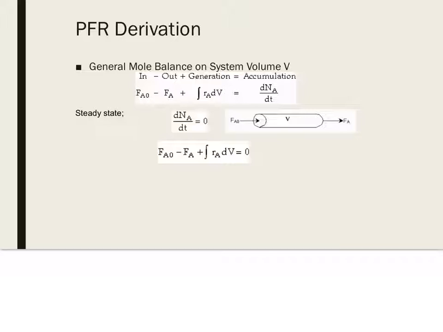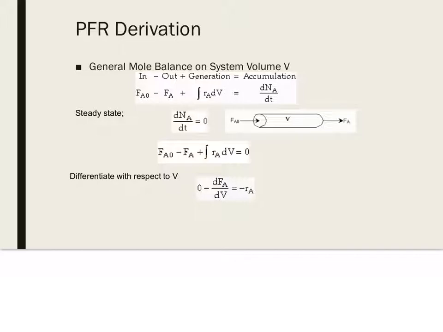Therefore, we have FA naught minus FA plus the integral of RA dV equals 0. And as I said earlier, we don't have any stirring or mixing devices inside the piping system, so the generation term will stay as it is.